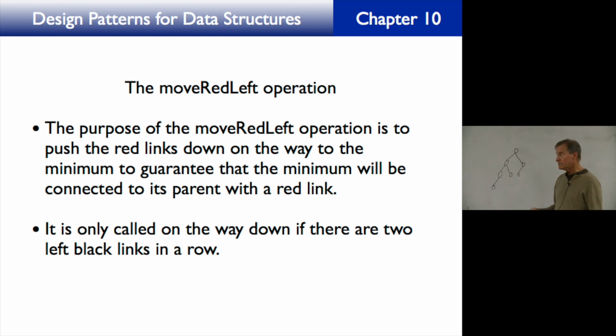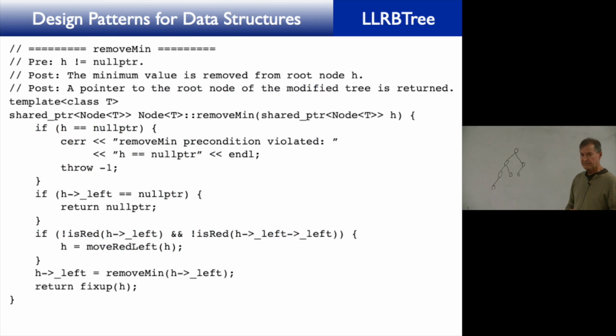Now, here is the code for remove min. Let's suppose we have a tree and H is pointing to the root of some internal subtree. Our precondition is that remove min is not going to get called unless H is actually pointing to a node, so H is not equal to the null pointer. We'll make sure that when we call remove min, H is actually pointing to a node.